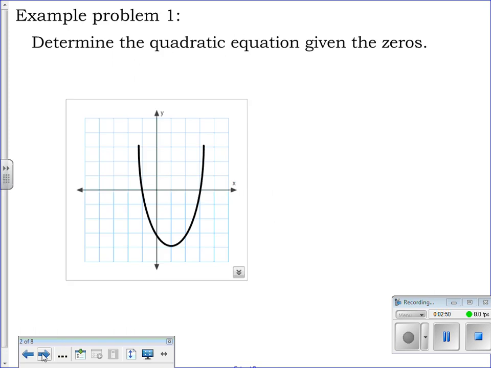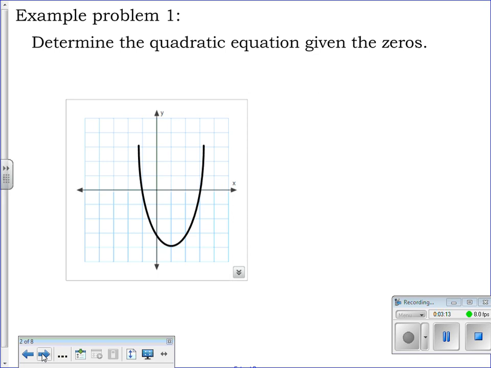Now, the first two problems are a little bit different, but it kind of ties everything together. So determine the quadratic equation given the zeros. When we're talking about zeros, zeros are roots, solutions, all those things mean the same thing. Where are my solutions? Where are my zeros?